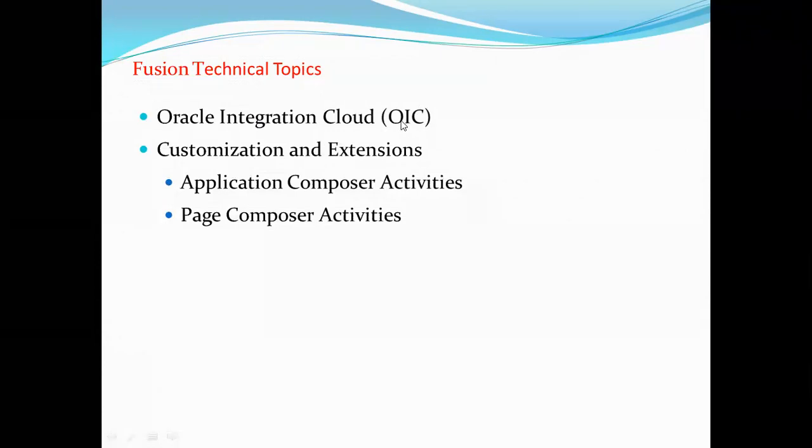Whatever SOA middleware component we had, the SOA application is replaced with Oracle Integration Cloud Service. The OIC application itself has around 80-plus adapters, nothing but 80-plus connections. It will connect to various systems.